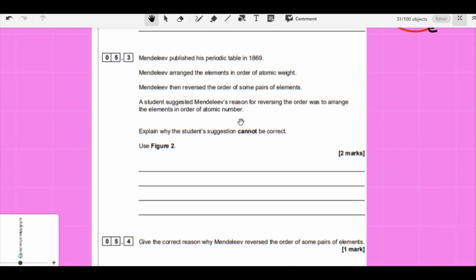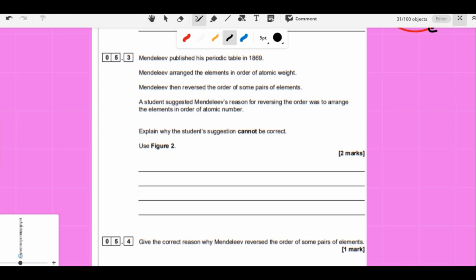Okay, next one. Mendeleev published his model in 1869. Mendeleev arranged the elements in order of atomic weight. Mendeleev then reversed the order of some pairs of elements. A student suggests Mendeleev's reason for reversing the order was to arrange the elements in order of atomic number. Explain why the student's suggestion cannot be correct.